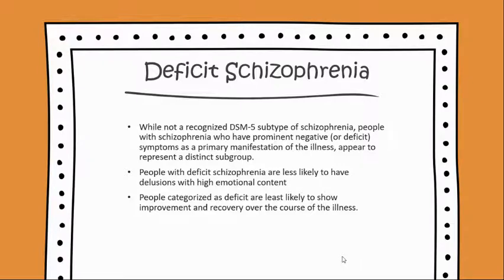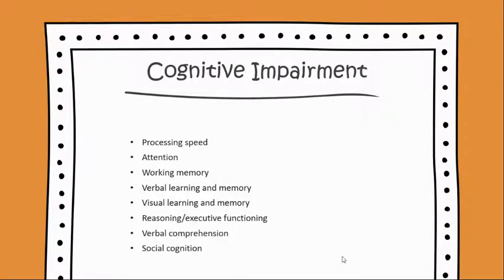People categorized as deficit are least likely to show improvement and recovery over the course of the illness. Cognitive impairment. This includes processing speed, attention, working memory, verbal learning and memory, visual learning and memory, reasoning or executive functioning, verbal comprehension, and social cognition.